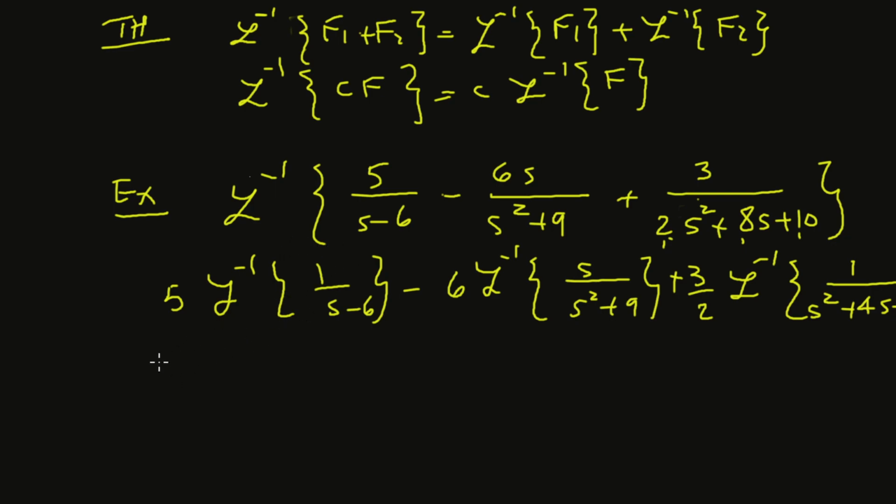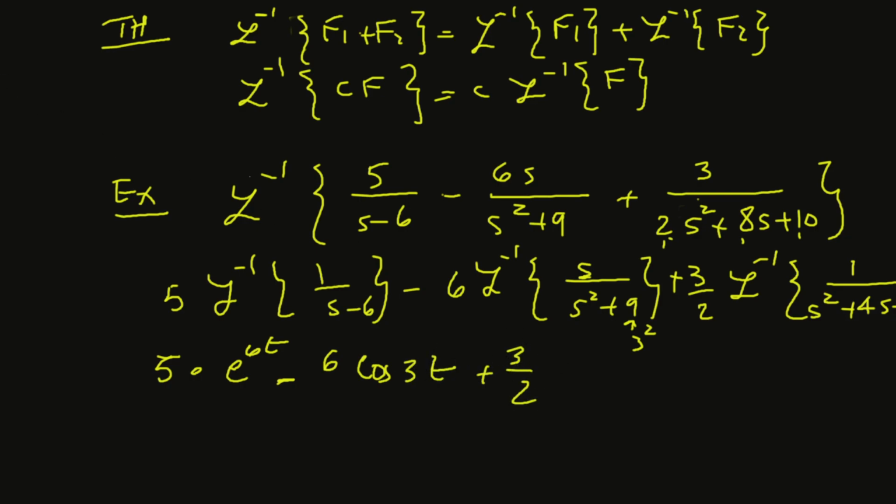Alright, so this we know comes from the exponential function e to the 6t, and this we know is a 3 squared, so that comes from cosine. We have s here, not 3, so it's a cosine 3t.